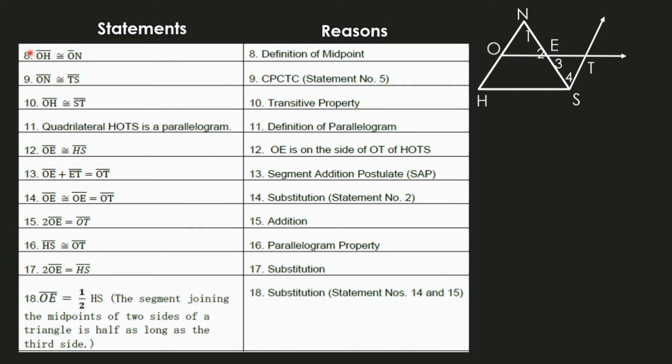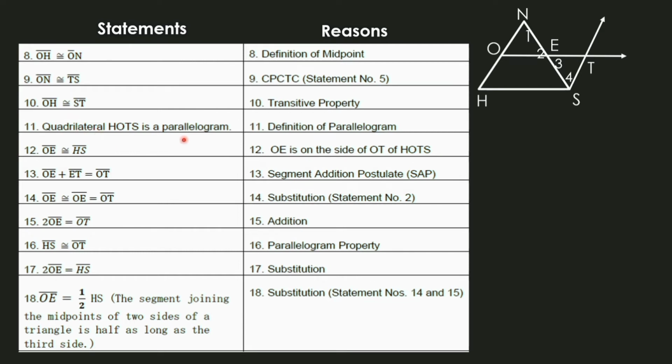So since OH is congruent to ON and ON is congruent to TS, so we can say that OH is also congruent to ST or TS. The same lang yung TS at saka ST. So yung ON, pinalitan lang siya ng OS. Since OH is also congruent to ON. Next, number 11 statement.